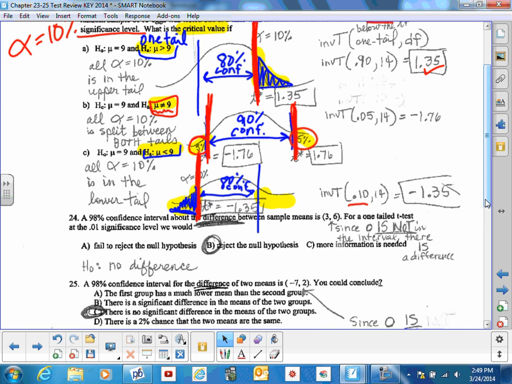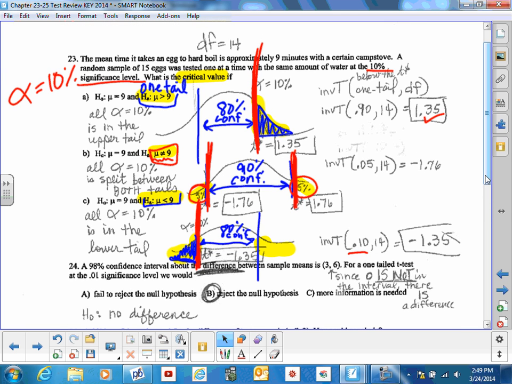How confident are you going to be for part A and part C? They're the same. And that would be what's in the middle. So see this right here? If this were a confidence question about what level of confidence you have, part A and part C have 80% confidence because they put 10% in this 1 tail.